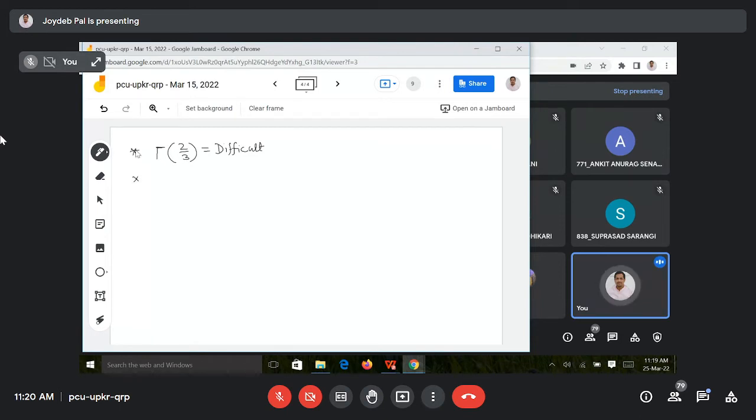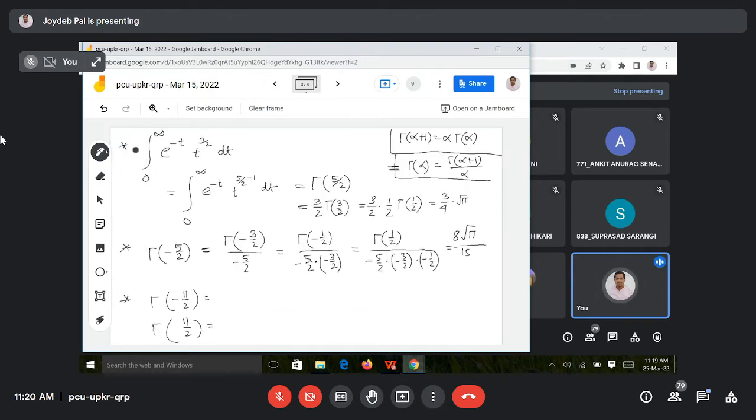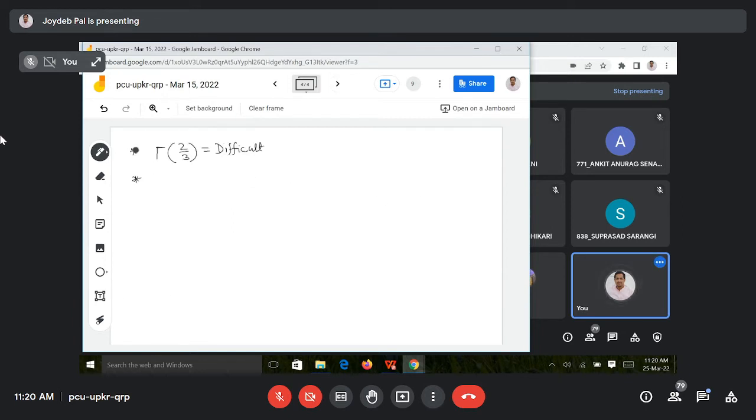For that we can apply some other properties of gamma, but ultimately converting to gamma half is not possible. You cannot convert gamma of 2 by 3 into gamma of half by applying gamma properties. Similarly, gamma of minus 3 by 7, what is the value?